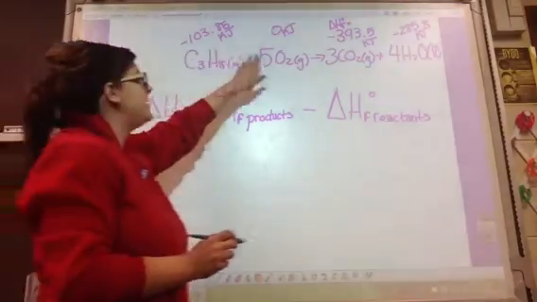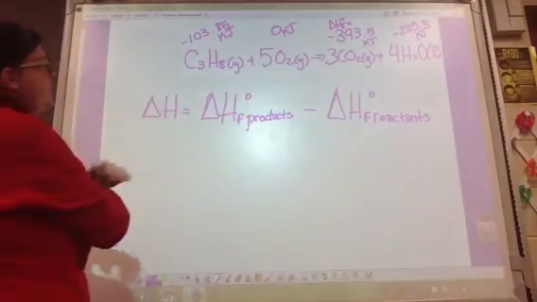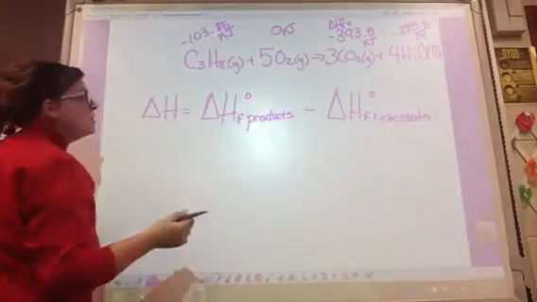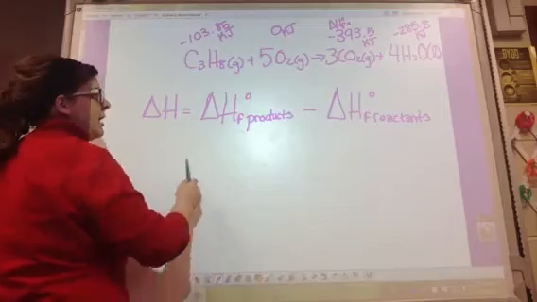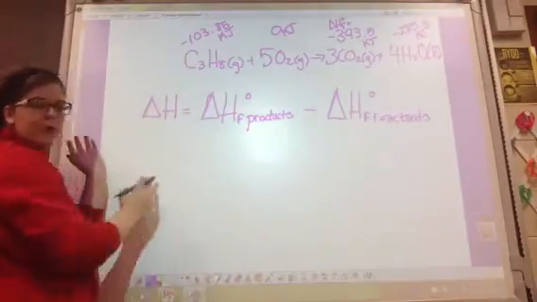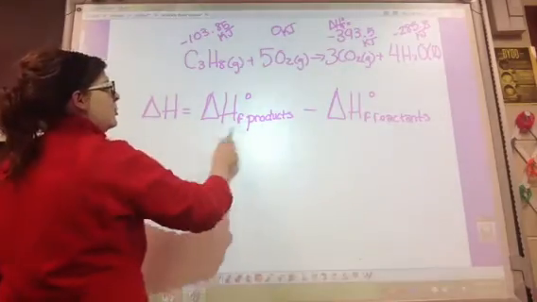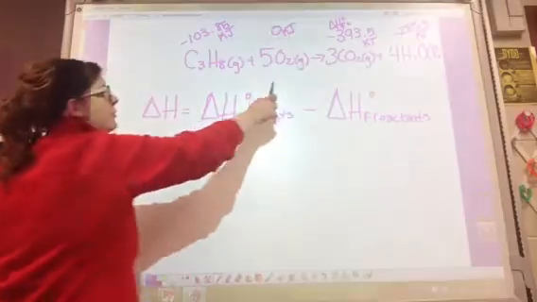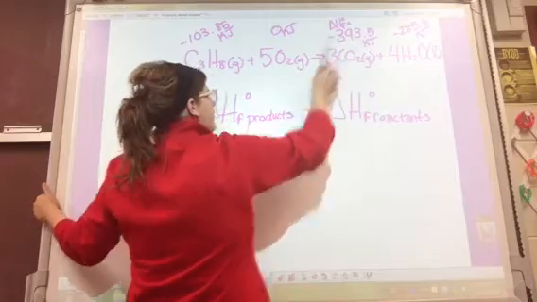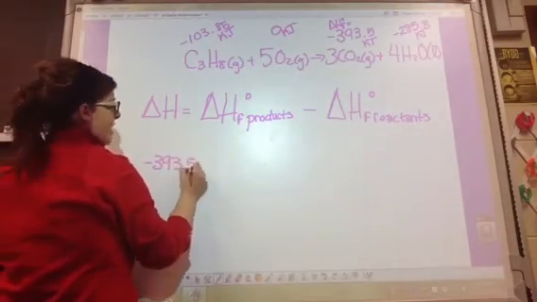So I looked up all of the delta HF, or standard enthalpy of formation values, for all of my products and my reactants. Now I just want to plug this in and do my products minus my reactants to find my overall delta H value. So, products: CO2, H2O. I know that CO2 has a heat of formation value of negative 393.5 kilojoules.